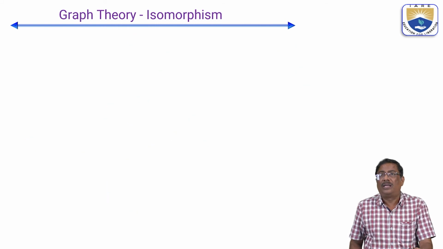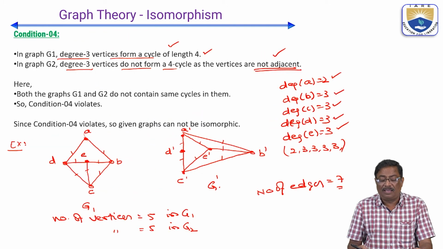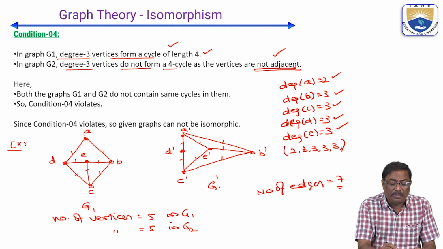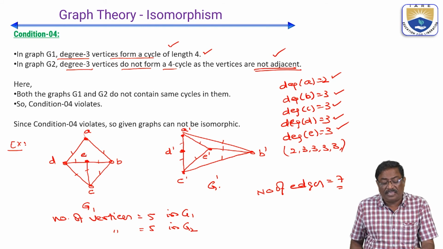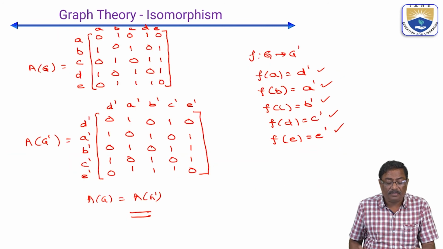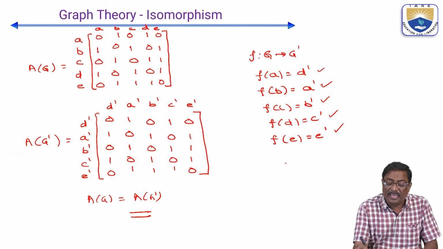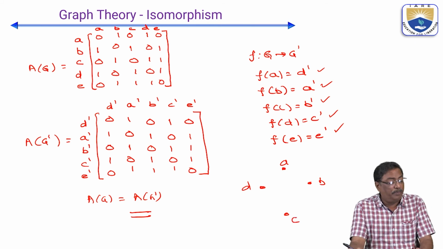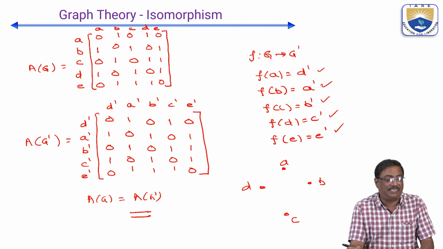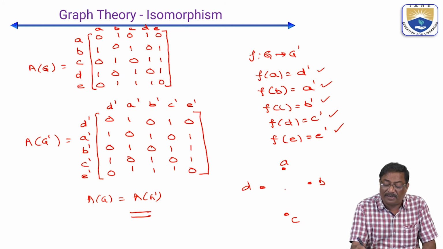Or else, you can consider the complements. Here A to D is there, B is there, C there is no edge, A to E is no edge, and A to C is no edge. Let us take A as one vertex, another vertex D, another B, and another C. A to D and A to B edges already exist, so in its complement those edges will not be there.